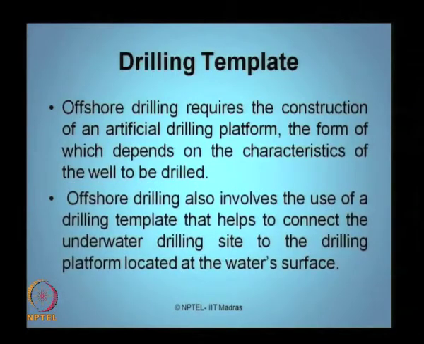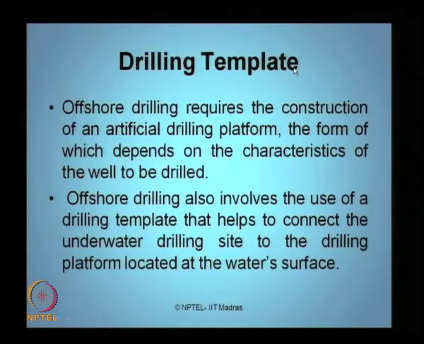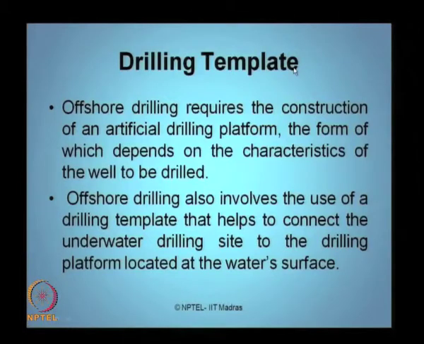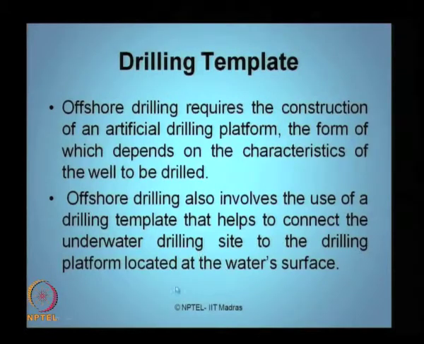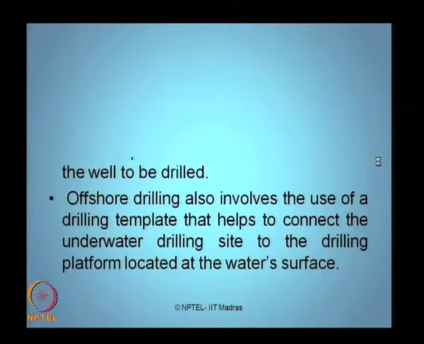Offshore drilling also involves the use of a drilling template that helps to connect the underwater drilling site to the drilling platform located at the water surface. So, the drilling template is nothing but the layout of the drilling area, which will be connecting the drilling site to the drilling platform located on the top hull of a drill ship.